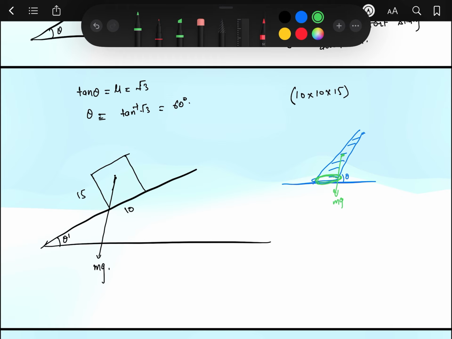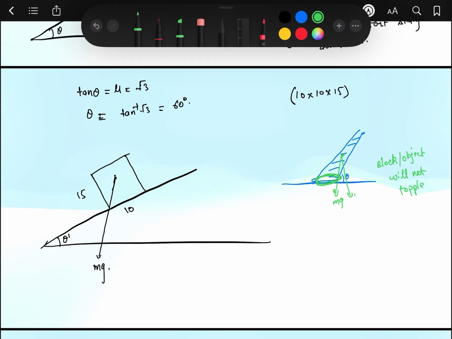If this line is inside of this base surface, then the object will not topple. But if this line of mg becomes outside from this base surface, then in that case this object or block will start toppling, it will topple down.